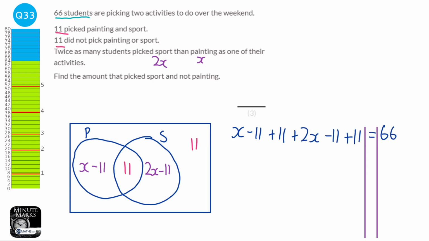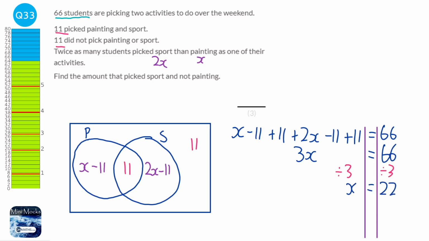Here we've got x plus 2x, which is 3x. And we've got minus 11 plus 11, minus 11 plus 11. Well, those just cancel out. So we're left with just 3x equals 66. I'm going to divide by 3 both sides. So we've got x equals 22.